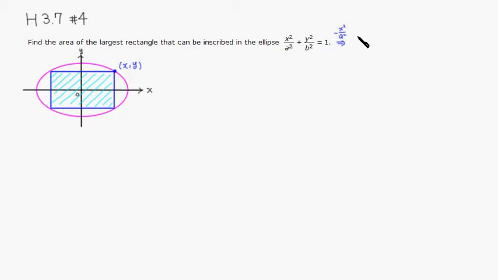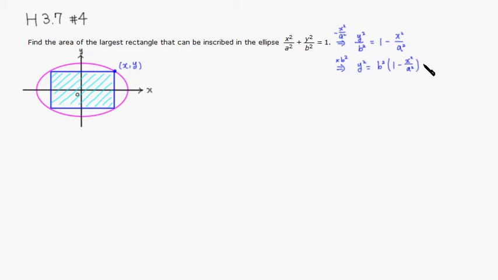That gets us y squared over b squared equals 1 minus x squared over a squared. Then multiply both sides by b squared. We get y squared equals b squared times (1 minus x squared over a squared).